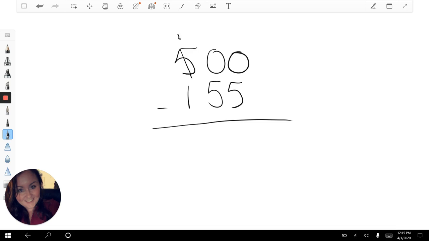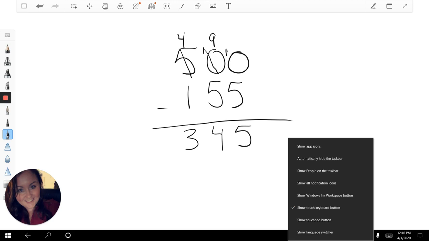So this becomes 4, and the tens column becomes 10. Now we can borrow from 10, because 10 can be reduced to 9, and I can borrow that 10 again. So now I have 10 minus 5, which is 5, 9 minus 5, which we know is 4, and then 4 minus 1, which is equal to 3. So what we have to do is go to the first number that we can borrow from, and then work our way back.